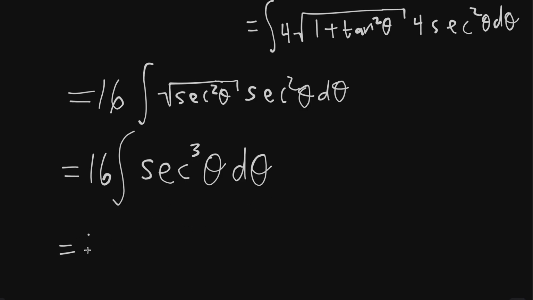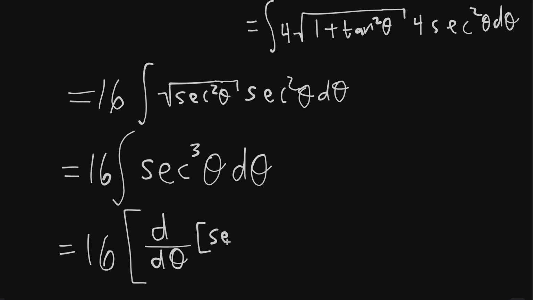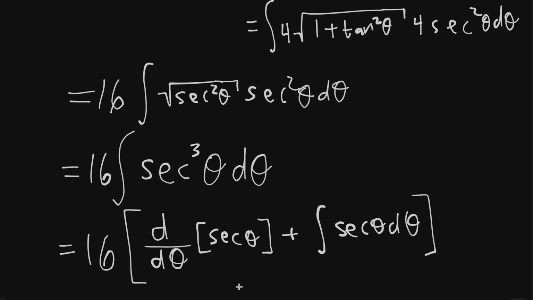It's actually equal to the derivative of secant plus the antiderivative of secant, all divided by 2. So I'll just put that out here.